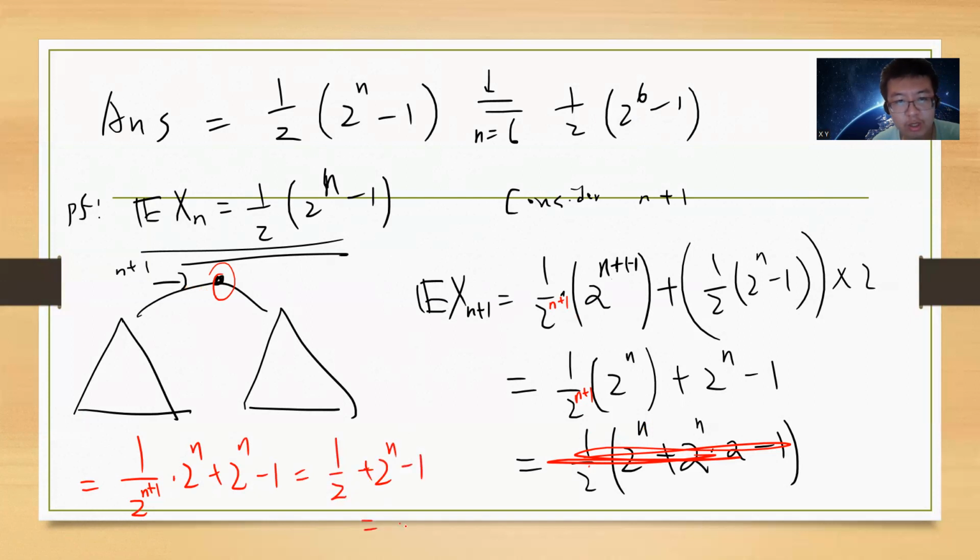Okay, so I can write as 2 to the half and 2 to the, right? So I get 2 to the n minus half. Okay, so I can get the results to be 1 divided by 2, 2 to the n plus 1. Right, so this guy will be 2 to the n minus 1. Right, so 1 divided by half, 2 to the n plus 1 minus 1 is the same as this.